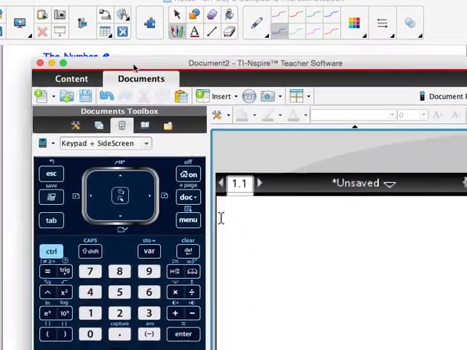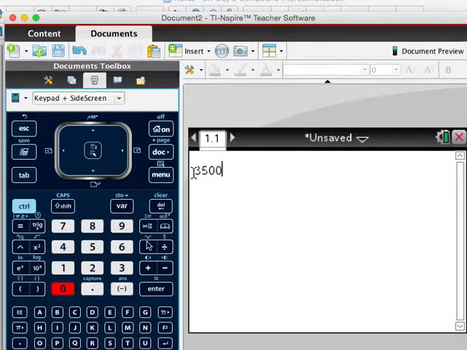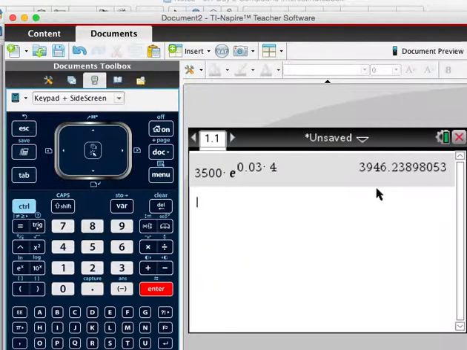So let's pull over the calculator and we'll enter it in. So we have $3,500 times, I can use this e to the x button right here, e to the x, and then I'll put in 0.03, the interest rate, times 4. And hit enter, and that'll give us our solution to this problem. Another way to enter this would be to use the number e, which is located on the pi key.